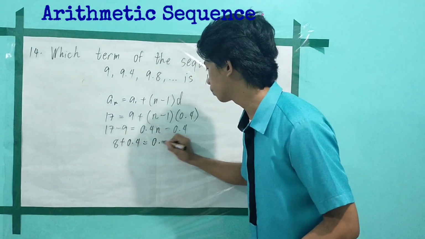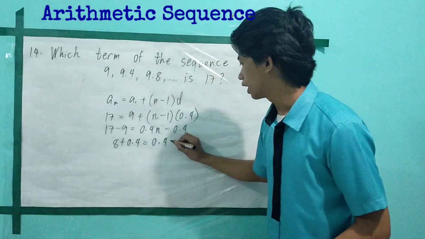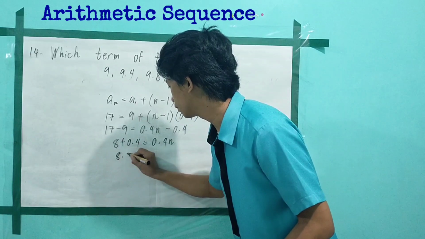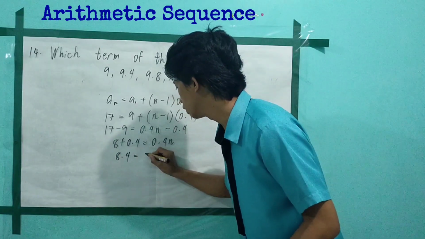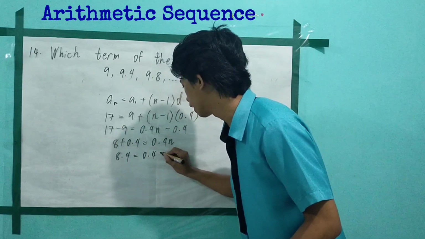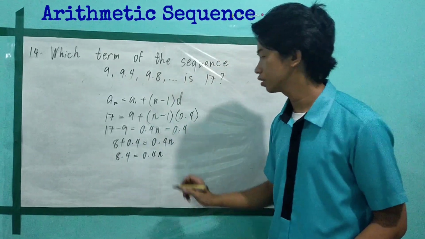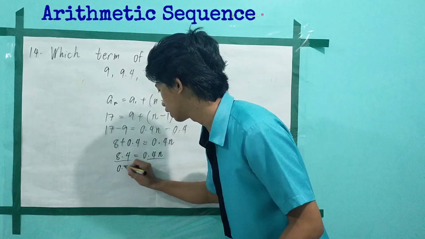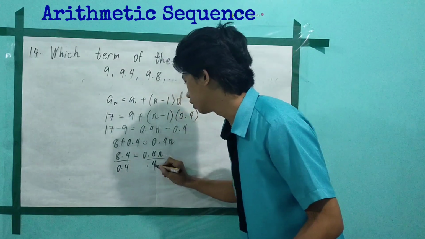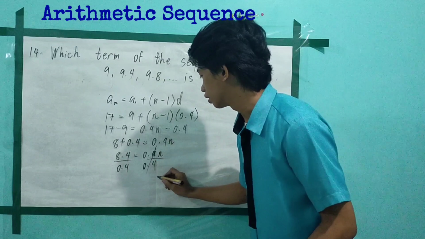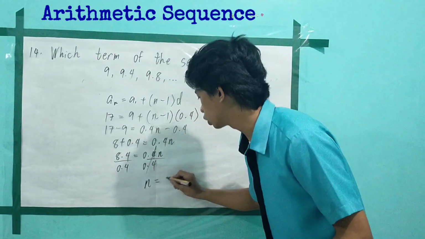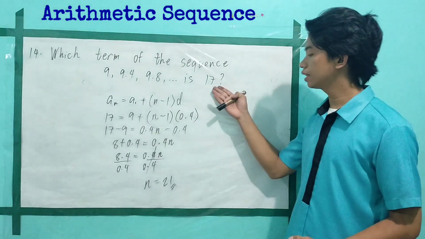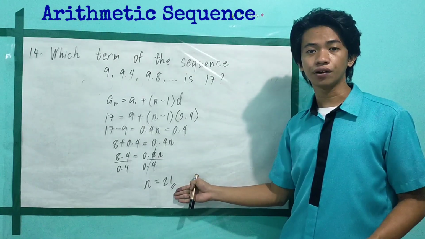Is equal to 0.4n. 8 plus 0.4, we have 8.4 is equal to 0.4n. Divide both sides by 0.4. Our variable n now is equal to 21. So it means that 17 is the 21st term.